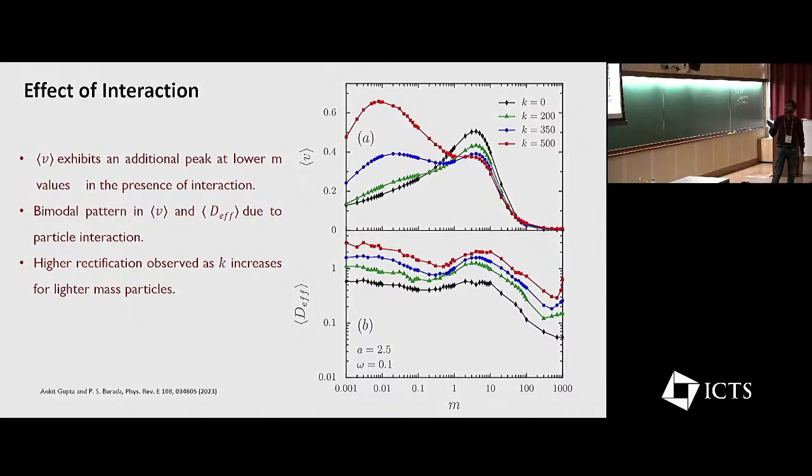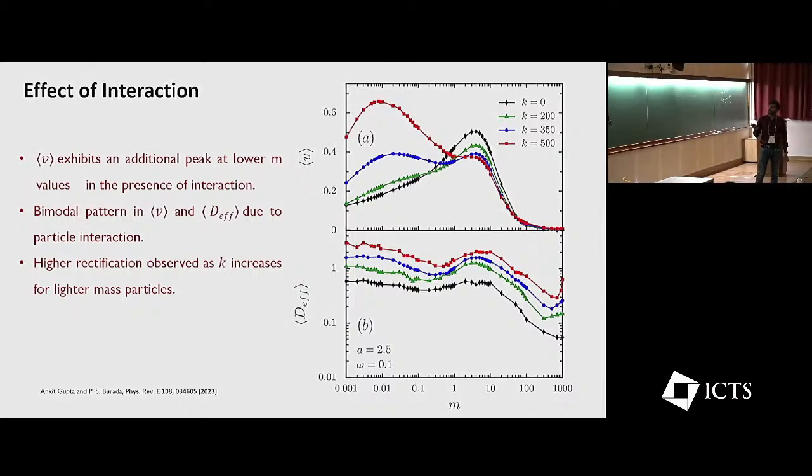As we increase the interaction strength, the rectification at the lower mass value goes on increasing, as the particle diffuses faster than at the moderate mass values. Due to the inertial term, for moderate mass values there is a decrease in the average velocity.